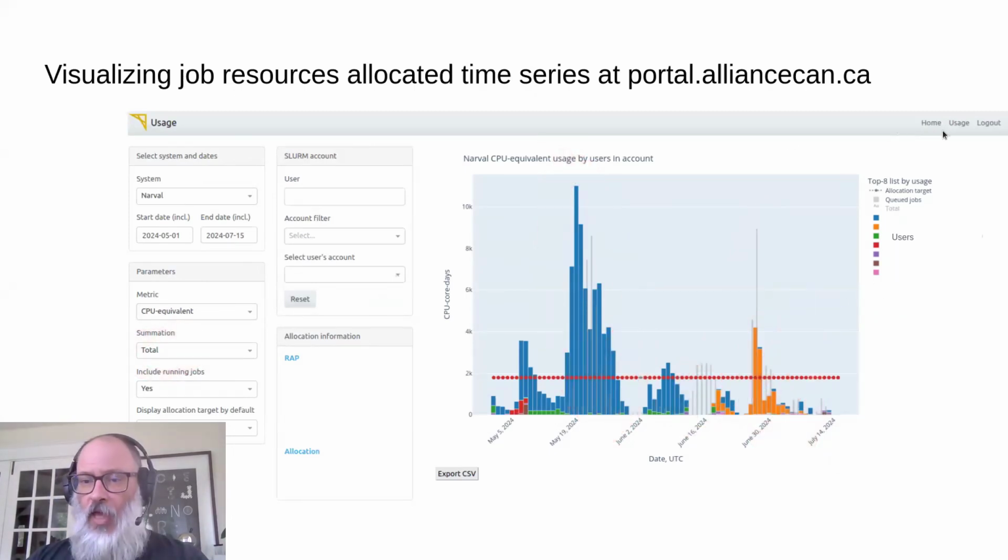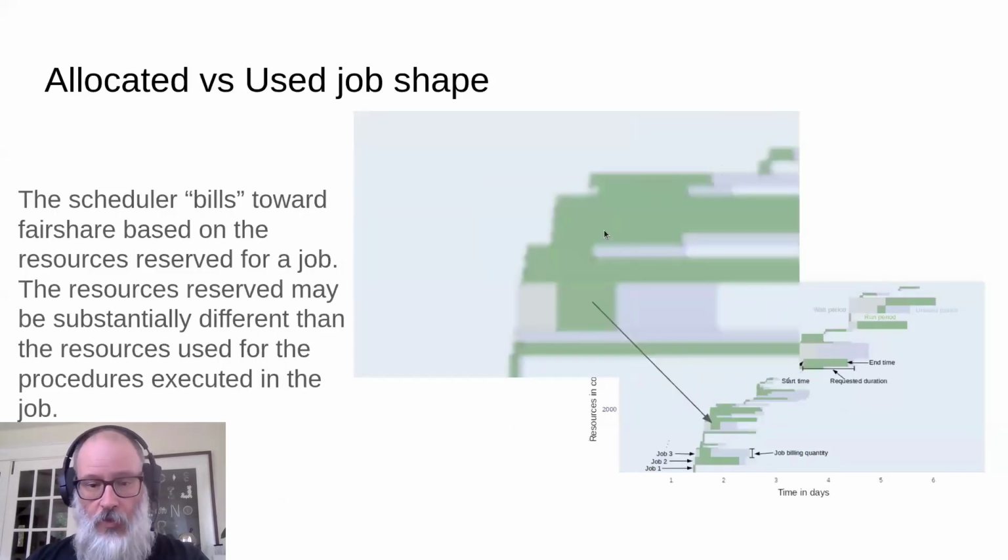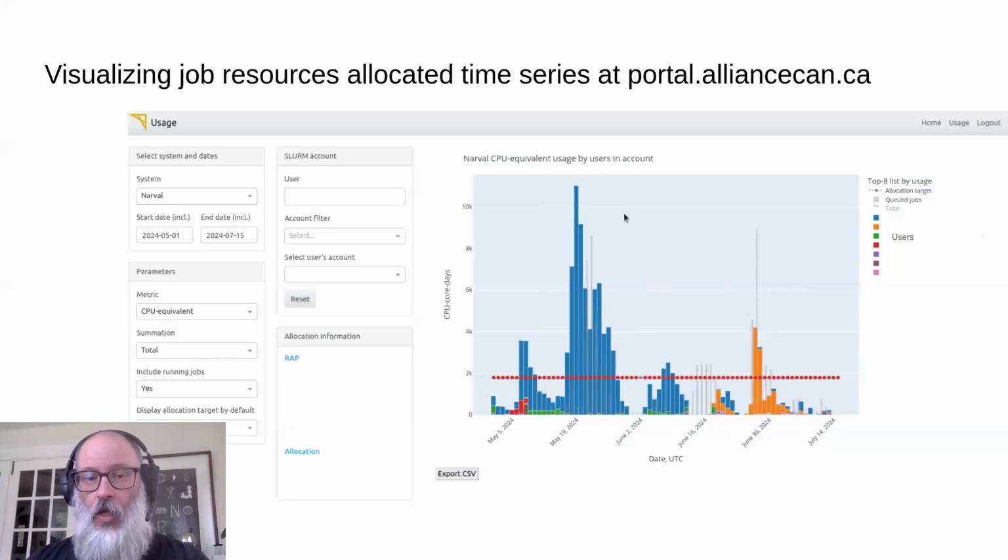Okay, so I think that's really the view that's available to researchers at this portal, and this is the portal at alliancecan.ca. And these are basically the units that we use for reporting resources.